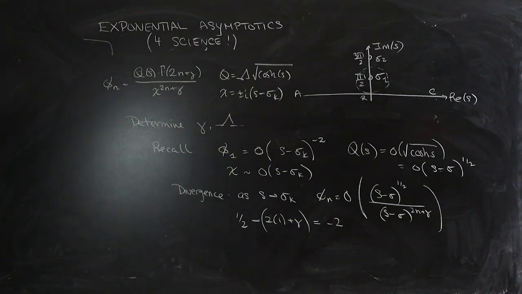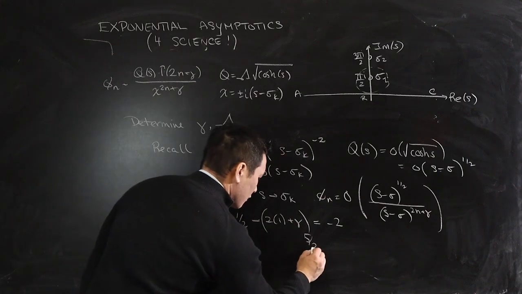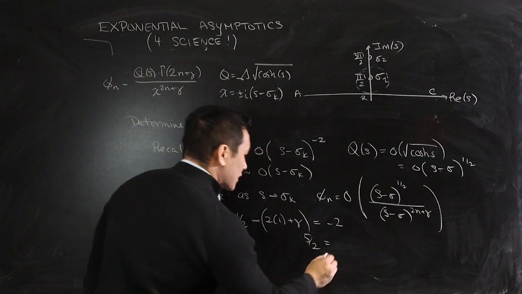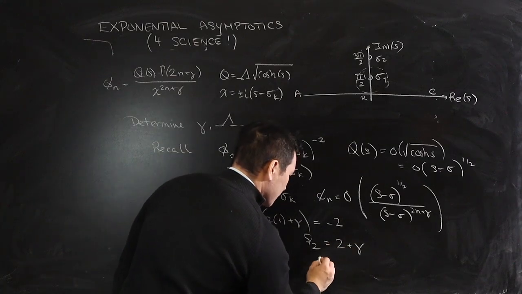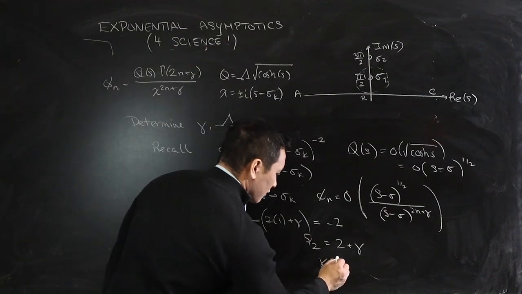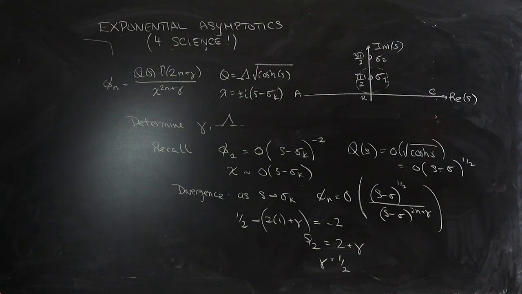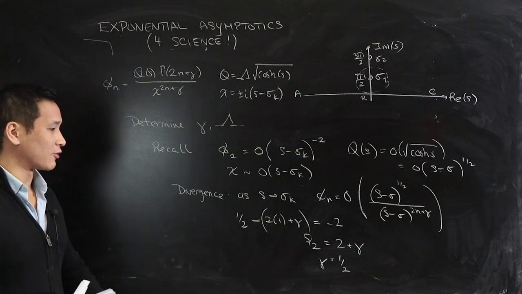Right? So what does that give me? 1/2 plus 2, which is 5 on 2. 5 on 2 is 2 plus gamma. And so gamma is 1/2. Okay, so there's our back of the envelope calculation of what gamma has to be.